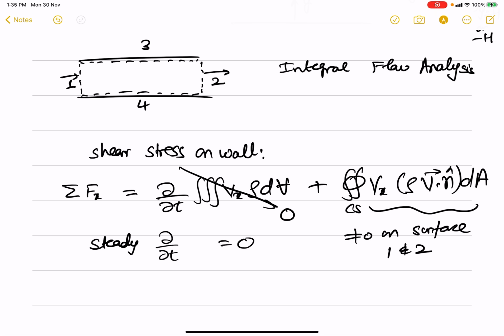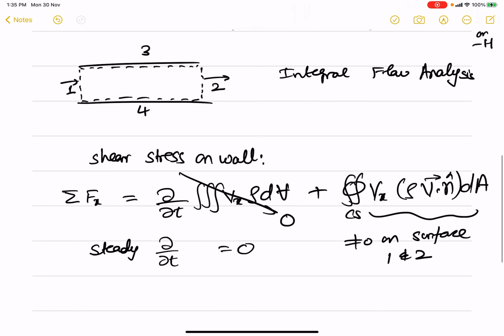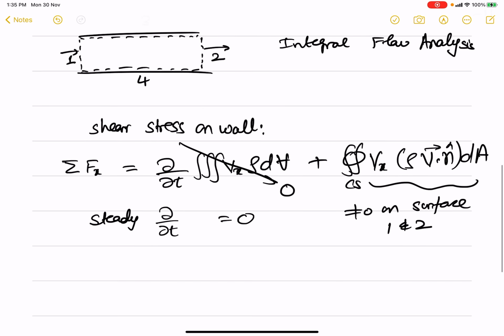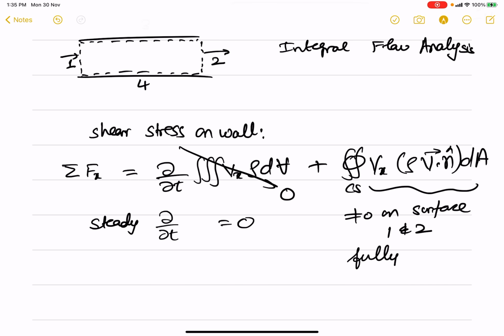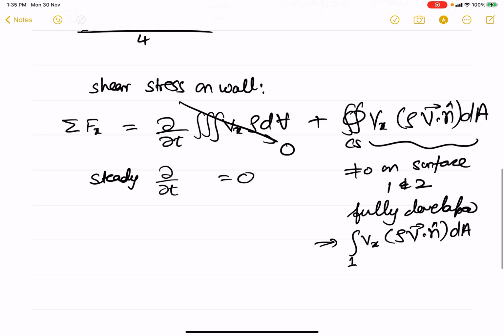And because the flow is fully developed, this will imply integral on 1 of Vx times rho V dot n dA will be equal to minus the integral on 2 of Vx rho V dot n dA.